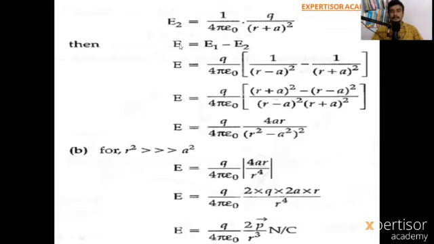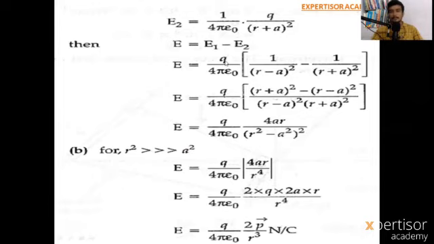Then the total or resultant electric field E is equal to E1 minus E2. So this is the sum of the E1 and E2 electric fields. Why do we enter minus here? Here E2 represents the minus Q electric field, so that's why minus is entered.